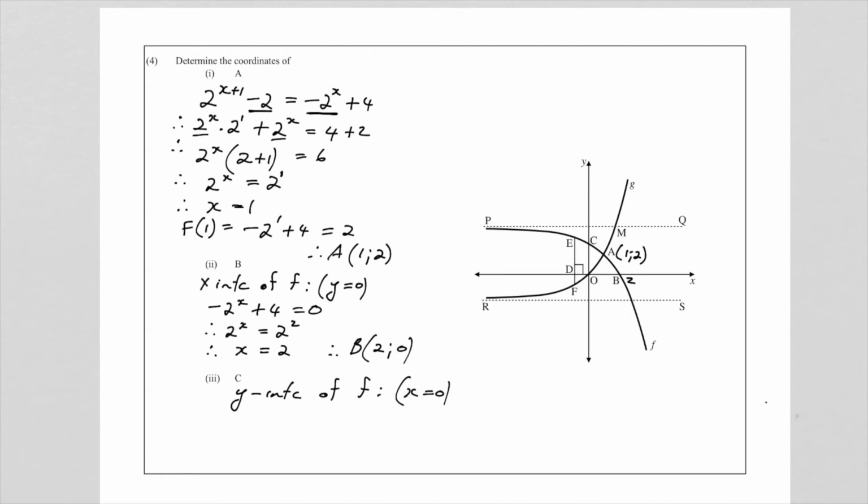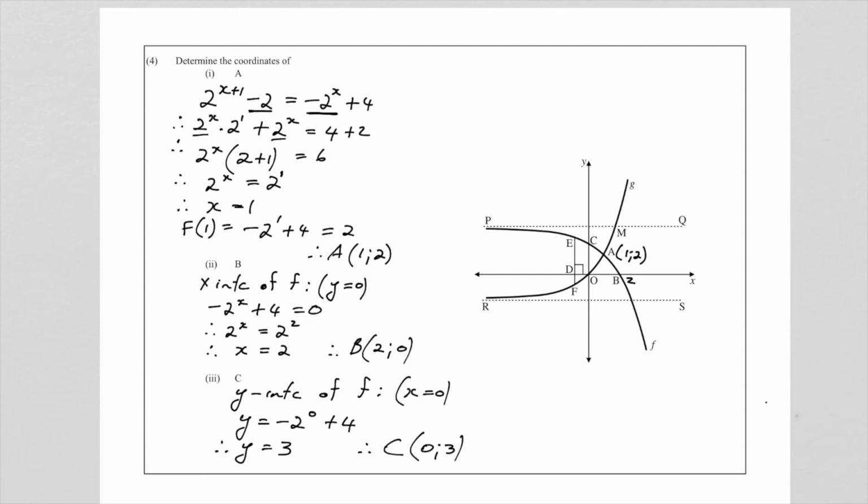And we will then get y equal to minus 2 to the 0 plus 4. And now you must be very careful here, because 2 to the 0 is 1, but there's a negative outside, so it's minus 1 plus 4. So that means y will be equal to 3. So the coordinates of C will be x is 0 and y is 3.